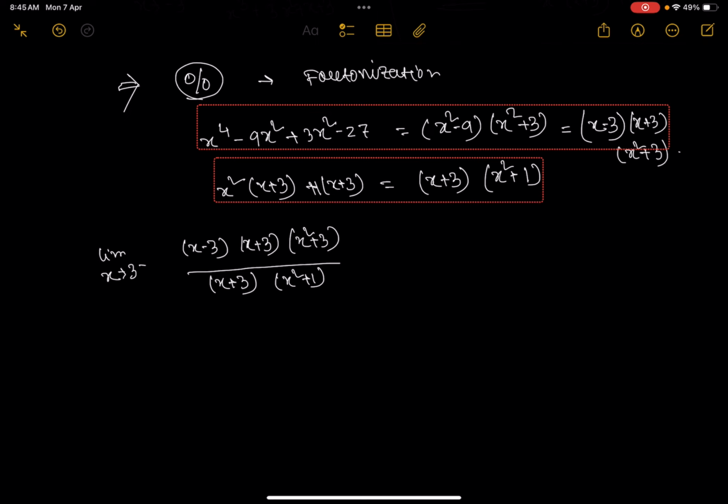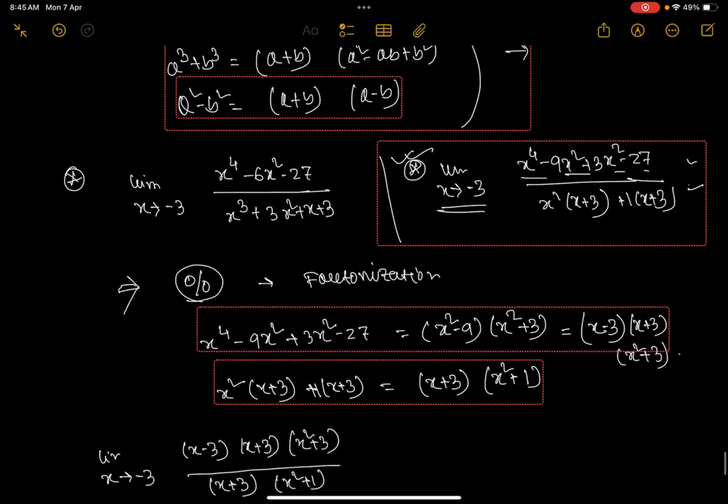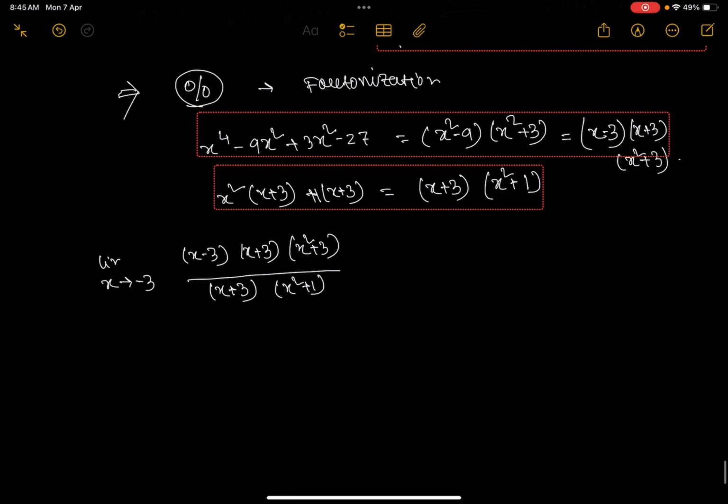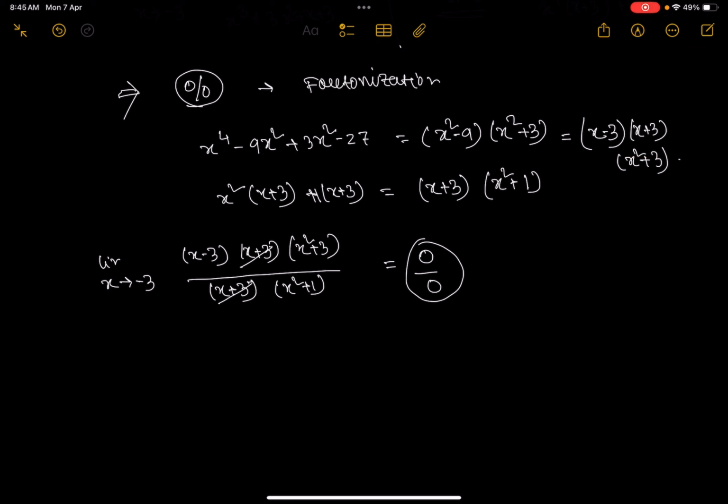Sorry, just a typing mistake. This goes to minus 3, this goes to minus 3. Now if we put that, we can see that this term goes to 0, this term goes to 0, so this is 0 by 0, indeterminate.